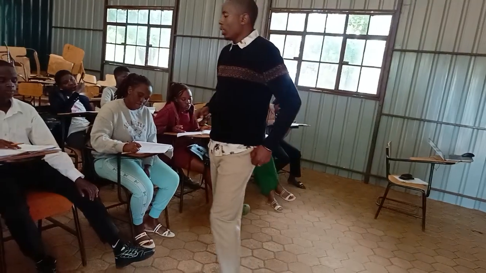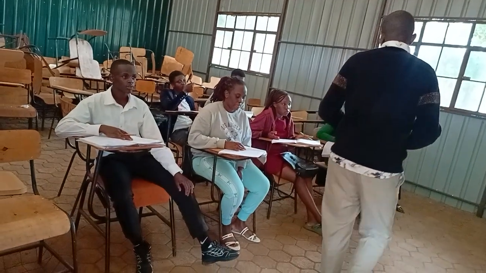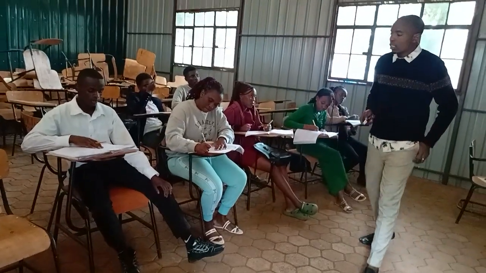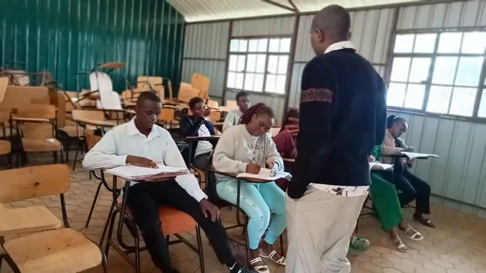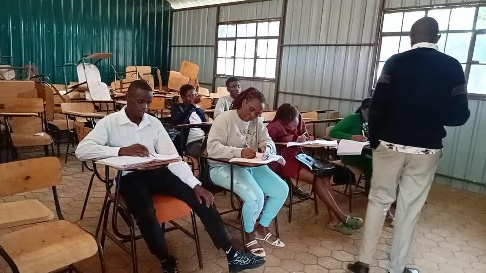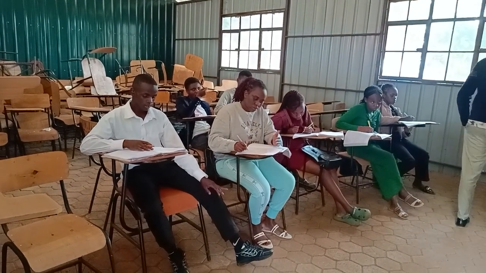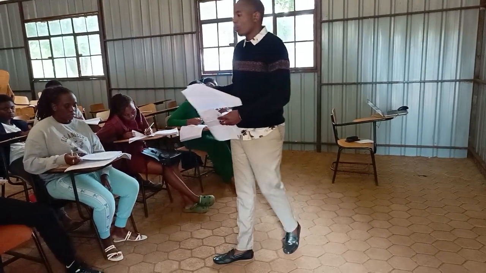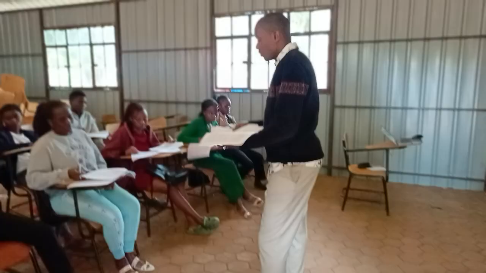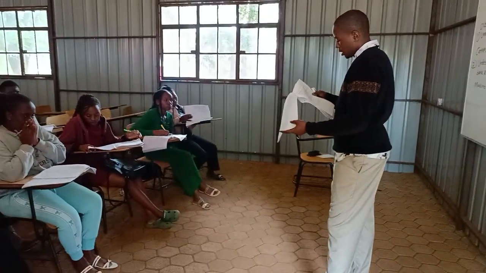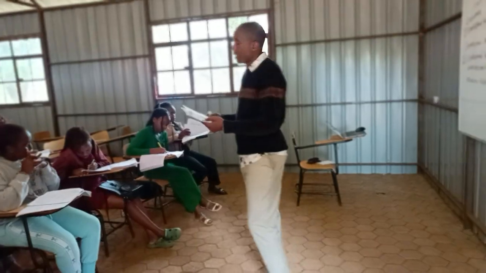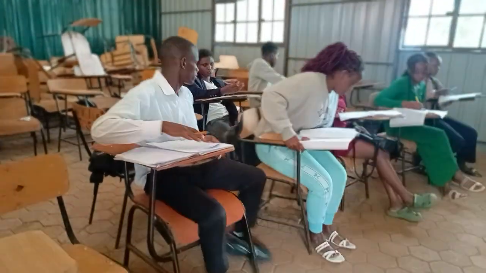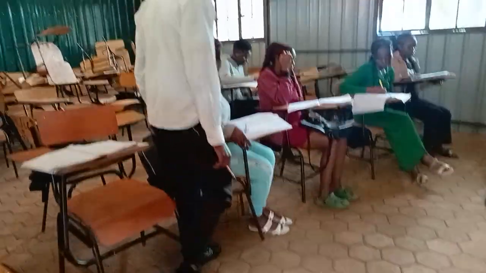I have given you question papers. You have question number 7 that says we update the cash book. I want us to form two groups and do question number 7. It's about the cash book.